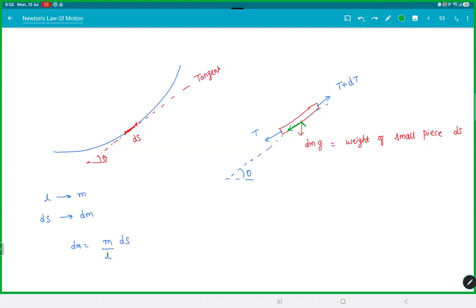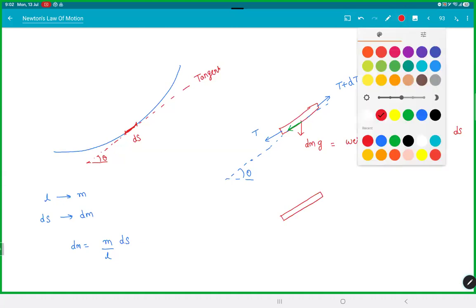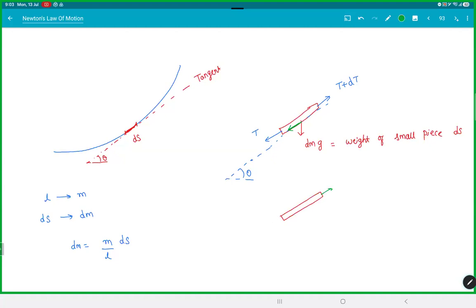We are mostly interested in this component. It's not exactly straight, basically it's a little curved, but for our assumptions, it works out. T plus dT, this would be tension, and this component will be dm g sine theta. Remember this? The component along the incline is dm g sine theta. So from here, if you solve this, we end up with dT. So T plus dT is tension plus dm g sine theta.